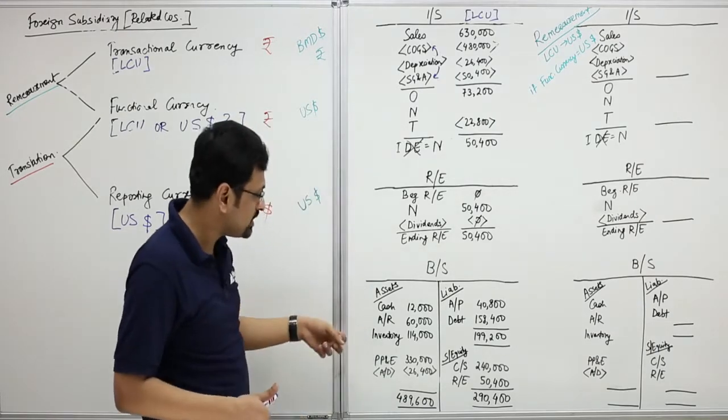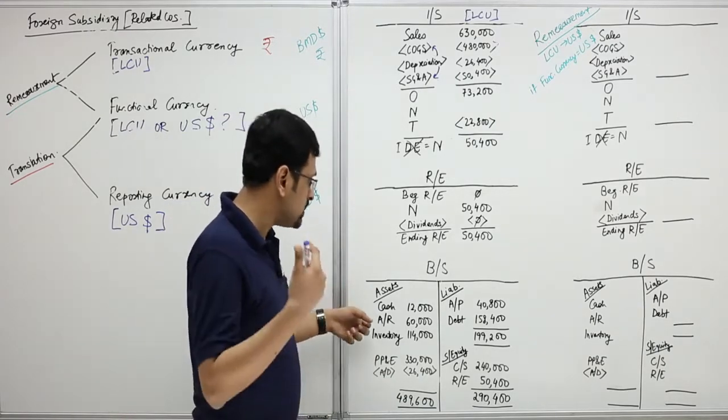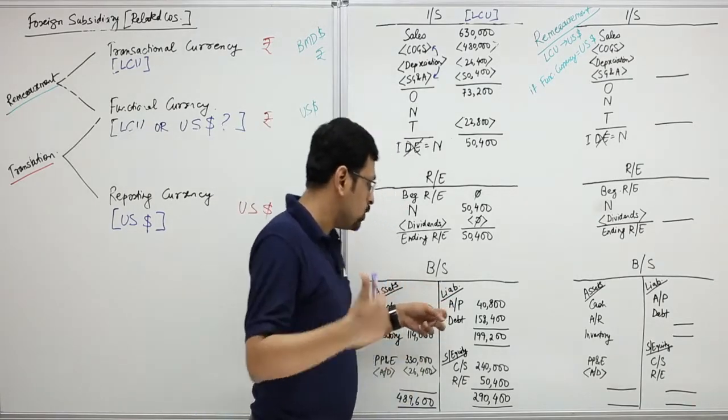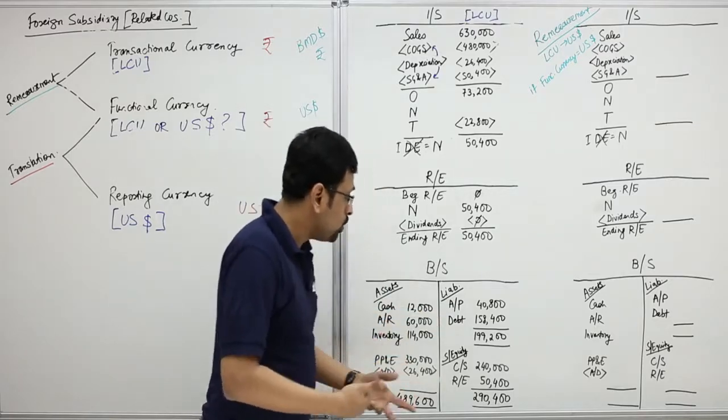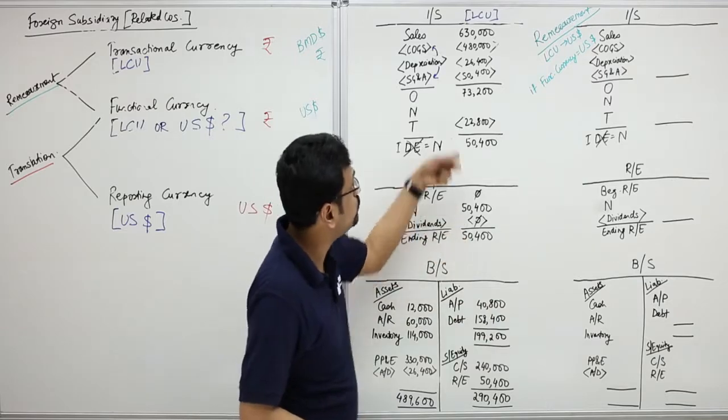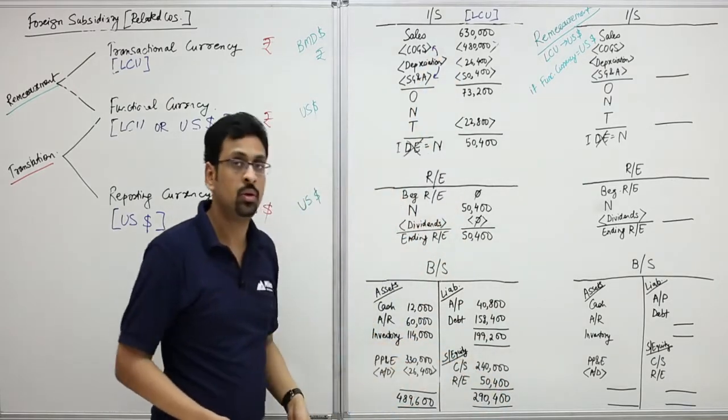Then they got assets, they got cash, receivables, inventory, they got PP&E, they got liabilities, accounts payable and debt, stockholders' equity, they got common stock, and this retained earnings number 50,400 local currency unit.